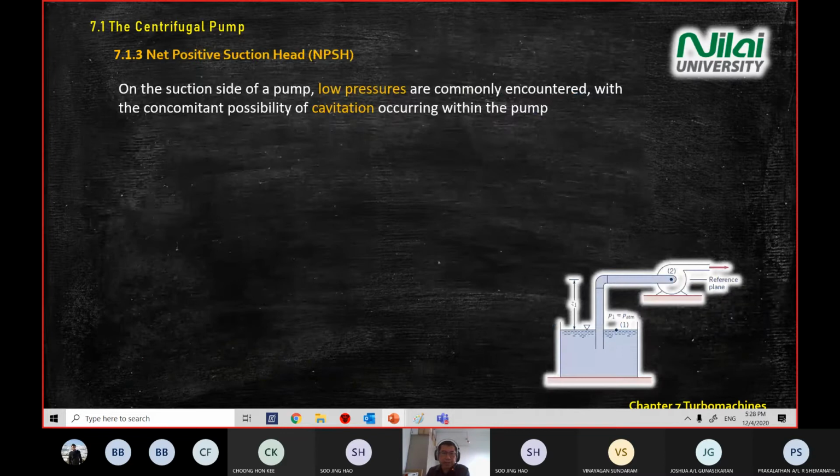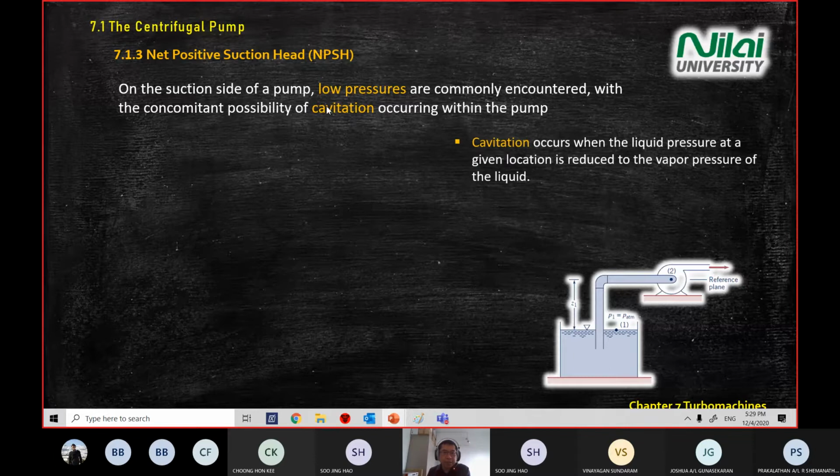Okay. Now NPSH, net positive suction head. Why? Because in a pump, one problem that we try to avoid is called cavitation. This word seems like a very bombastic word, or in layman's terms, it means that sometimes your pump will create energy when you push the water, or it will change the pressure, and your water will evaporate.